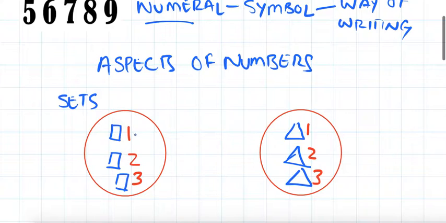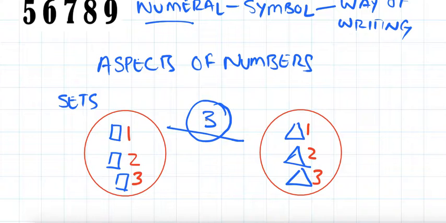So in set 1 we have 1, 2, 3 squares, and in set 2 we have 1, 2 and 3 triangles. So although a triangle is not the same as a square, there is still something common between these 2 sets, and that is there are 3 items of each.